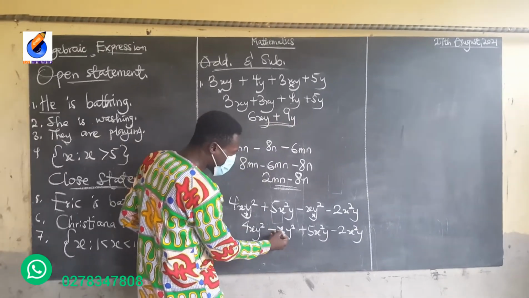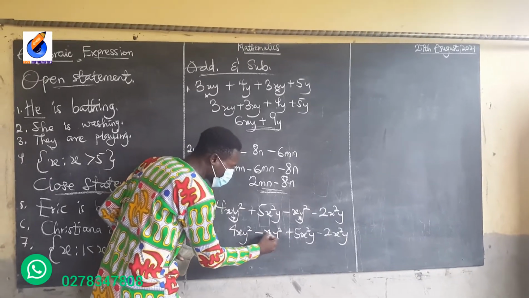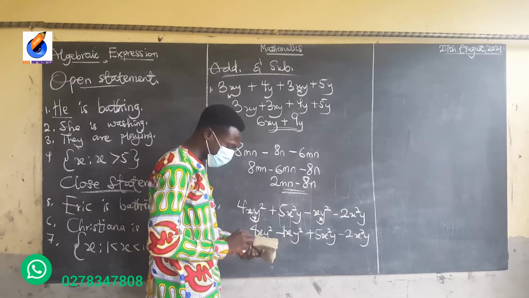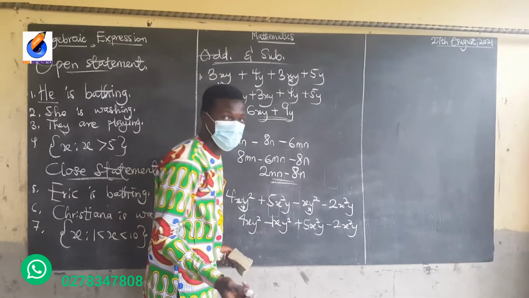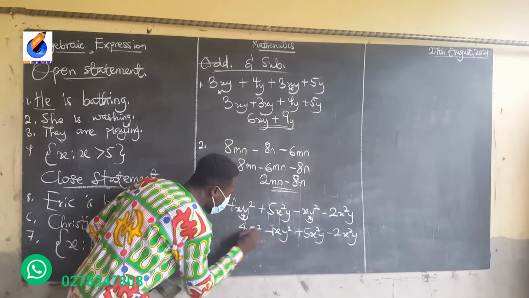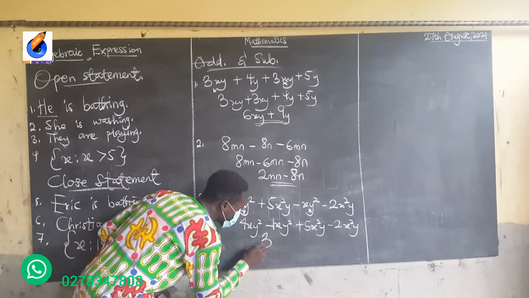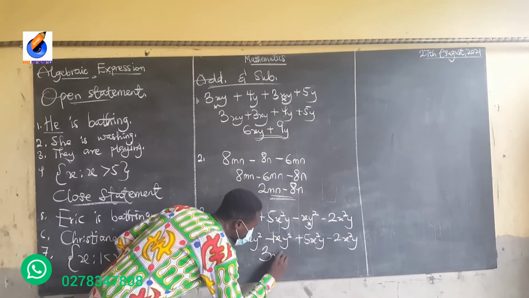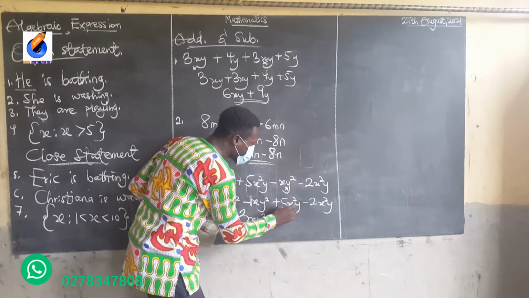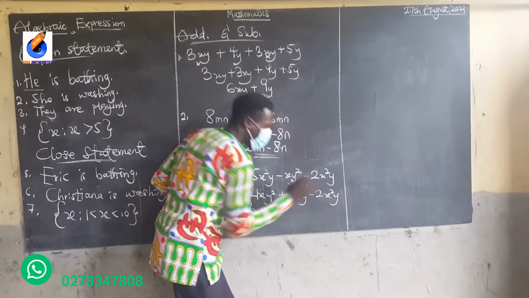If you have xy squared, the coefficient is 1, but in mathematics the 1 is not written. So I ask myself, what is 4 minus 1? 4 taking away 1 will give me 3. So 3xy squared.